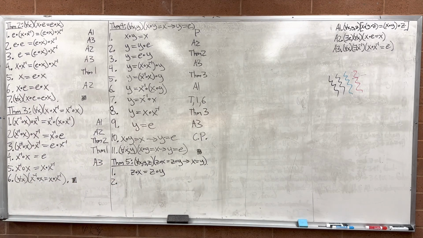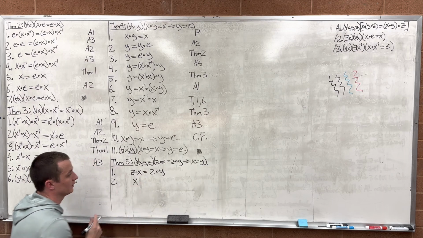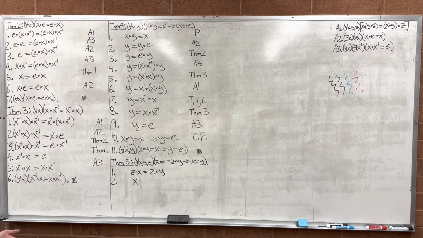Okay, and now what am I trying to show? I'm trying to show that x is equal to y. So let's play with x. And then start out with x and say it's equal to, it's equal to, it's equal to, and hopefully get to y. So what is x equal to? x compose identity.